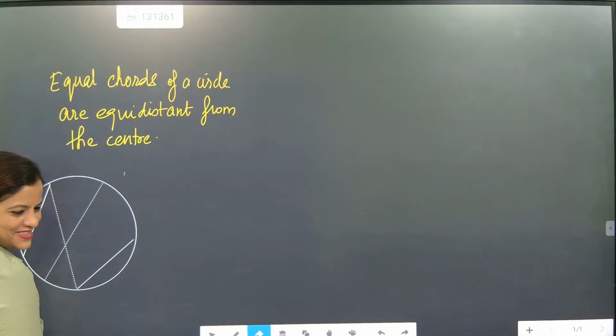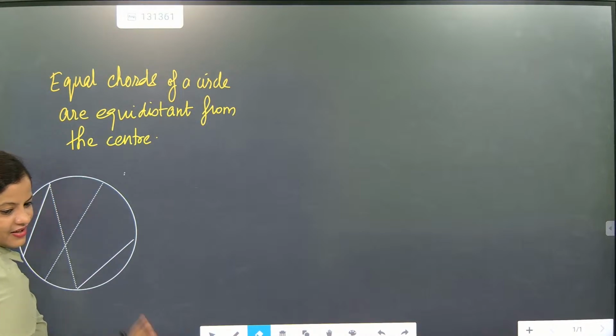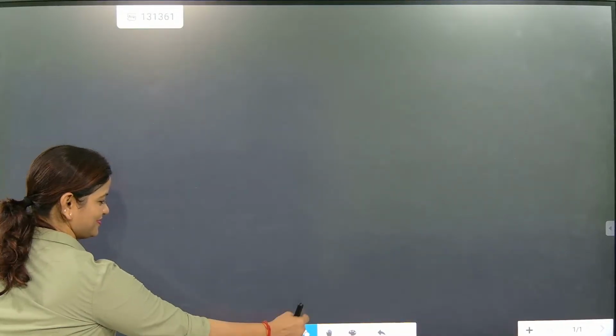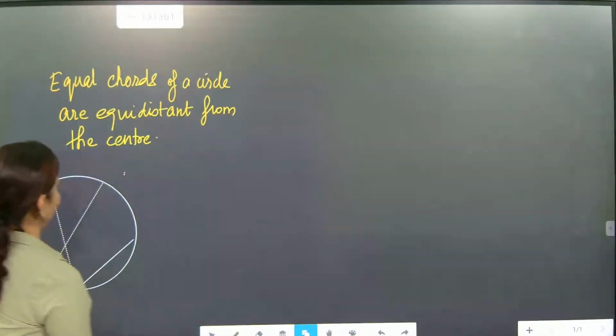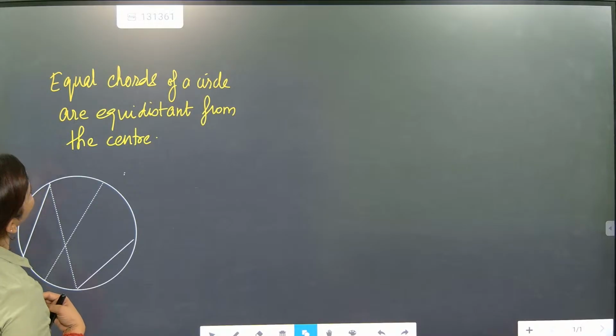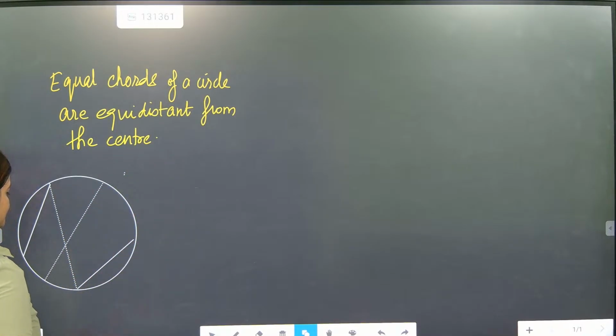When the damage is done, we can't do anything. Understood? So again, I can't do anything now. I have written equal chords of a circle are equidistant from the center.